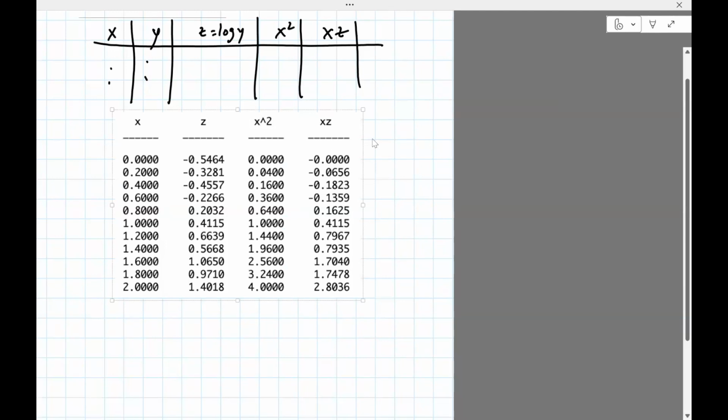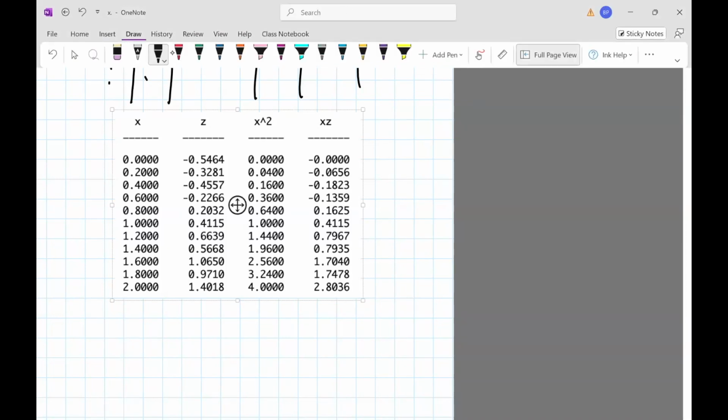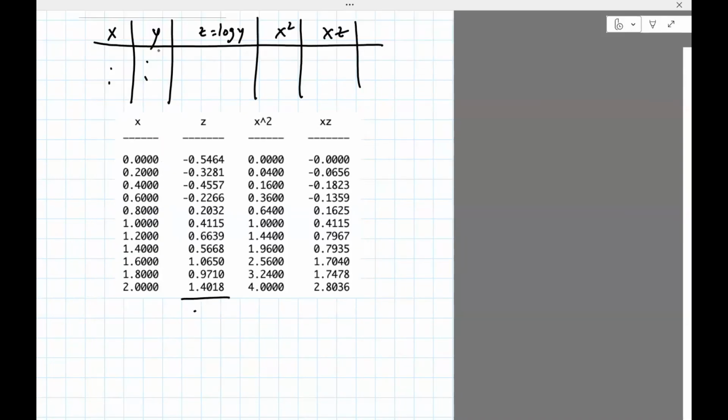Once you have that, you'll actually need to sum this up. So you need to write the sum of this. This will be summation of z. This will be summation of x square, and you sum this, you get summation of x z, and when you sum this, you get summation of x.